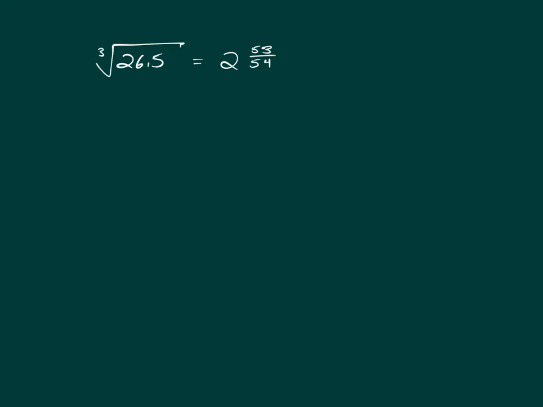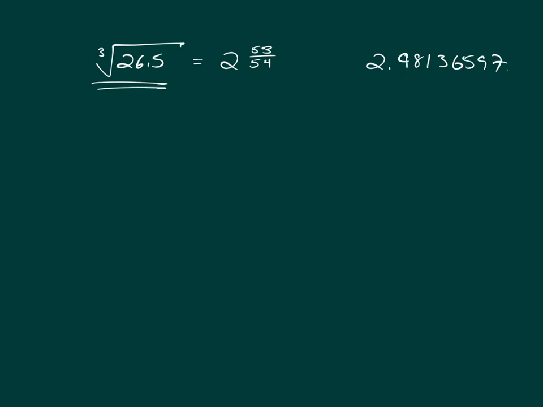If you substituted this number, 26.5, and took the cube root of it in a calculator, you would get something like 2.9813 6597, something like that. So what we can do then is we can figure out how close we were.